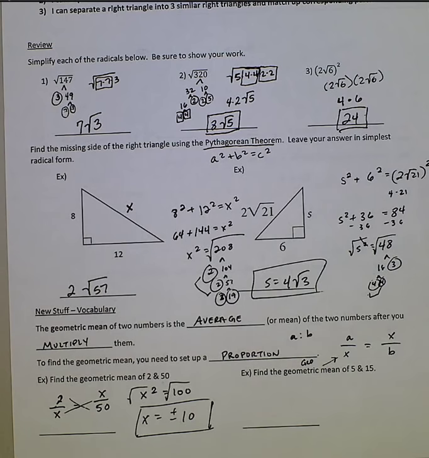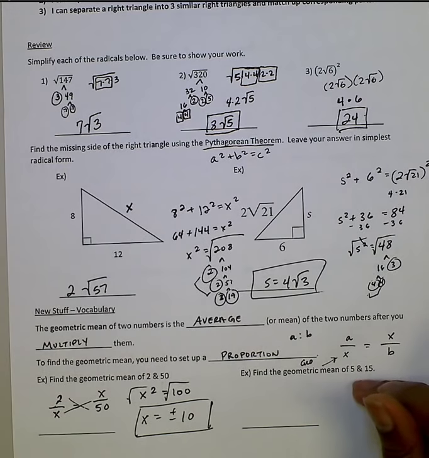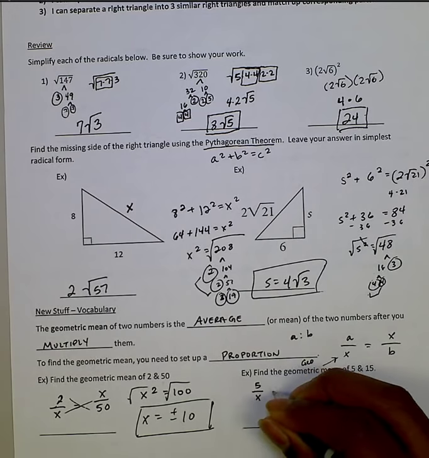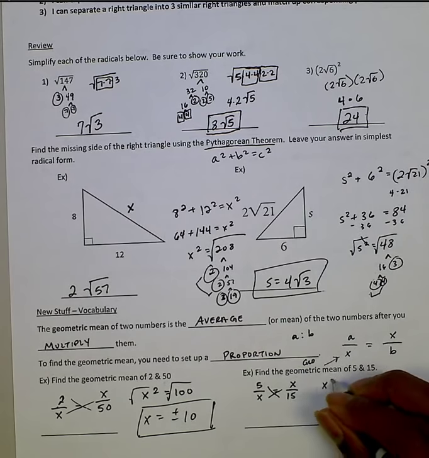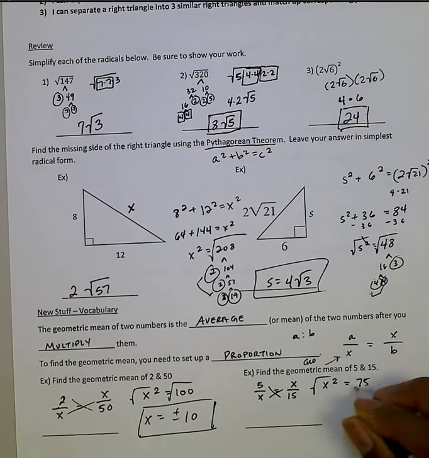All right. The same process here for the geometric mean of 5 and 15. Our proportion will be 5 over x equals x over 15. Cross multiply, we get x squared equals 75. Take the square root, it's 25 and 3.